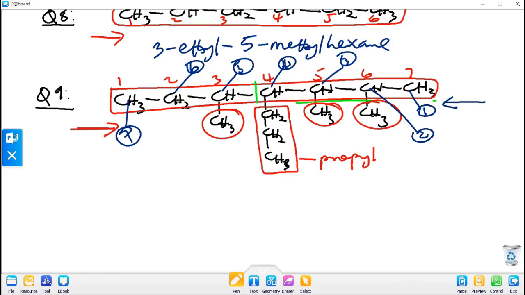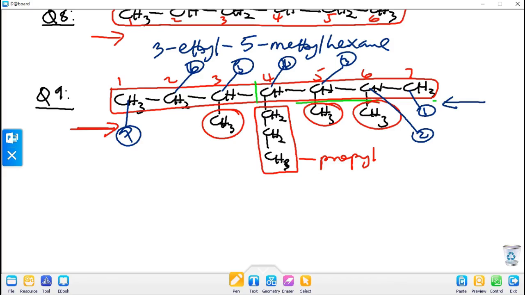Now, if we choose to number from the right-hand side, which is on blue ink, our first methyl will be at carbon 2, our second methyl will be at carbon 3, and the third methyl will be at carbon 5. So, which numbering scheme is the best?